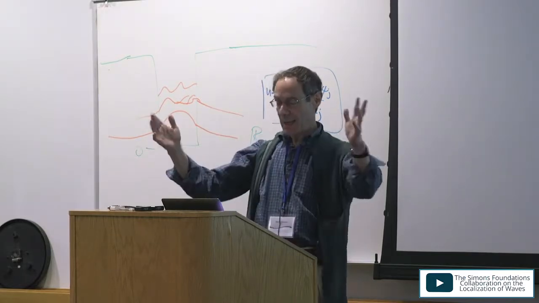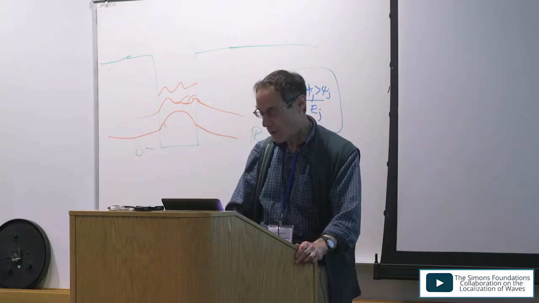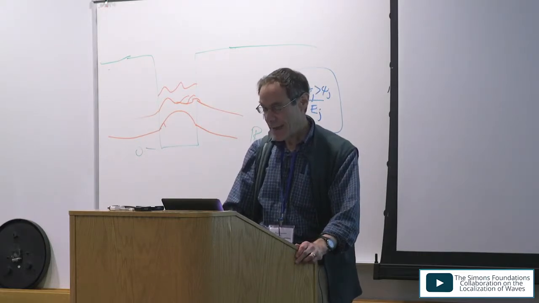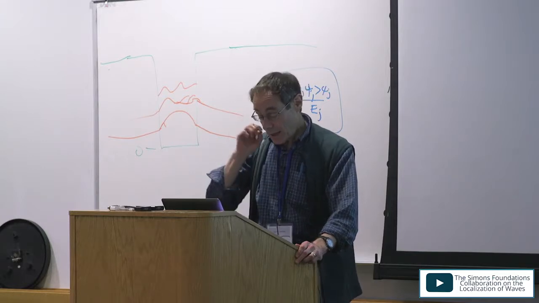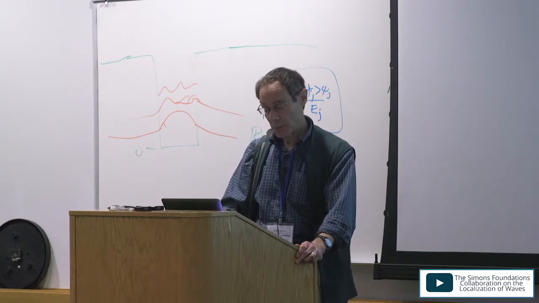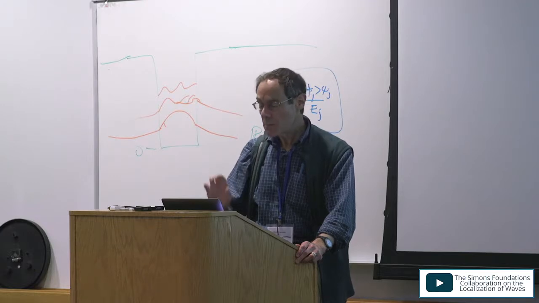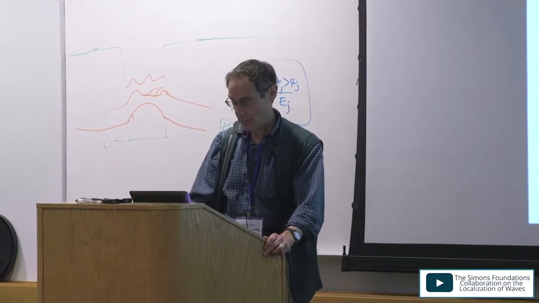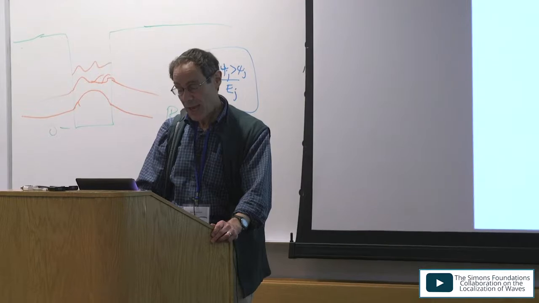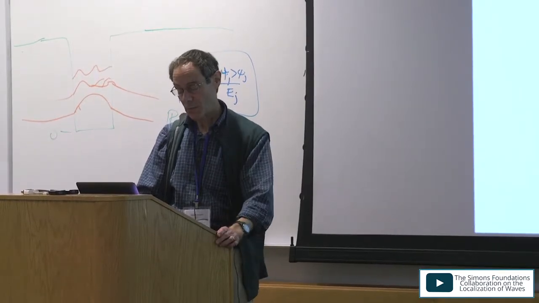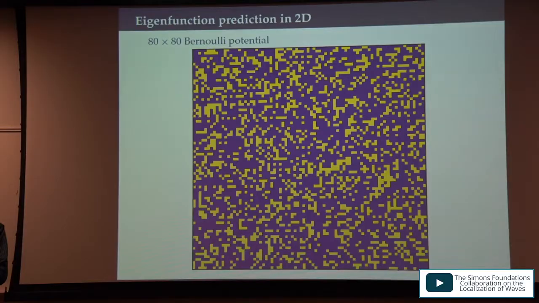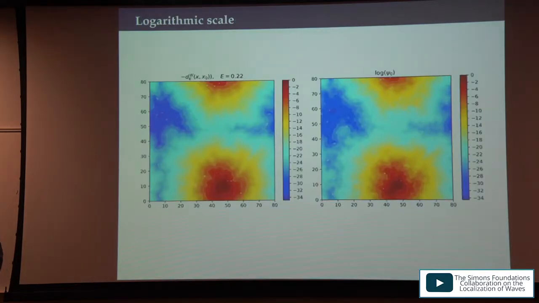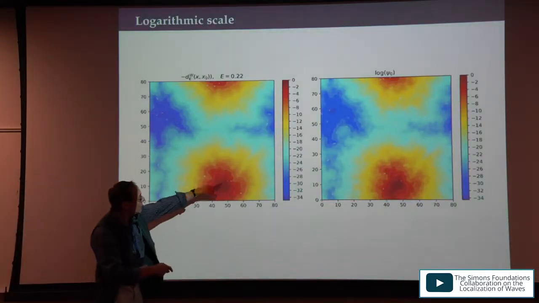Well, what we've gained is that Agmon gave no information for the potential, and now we have some information, at least on the bottom of the spectrum. And in these examples, such as the Bernoulli potential, which you saw before, you have this unbelievable match: the Agmon distance matches all the way along.